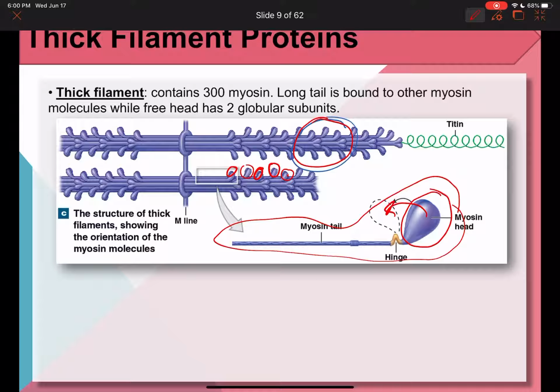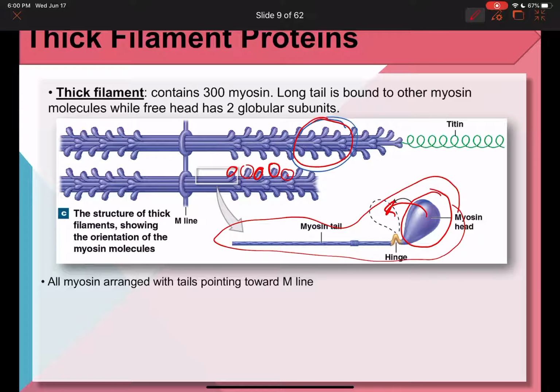It swings in this motion, comes right back, swings in this motion, comes right back, kind of like a little pulling power machine. The myosin head is what binds to those active sites on G-actin and pulls the actin towards the middle. Again, you'll see what I mean when I show you that video.